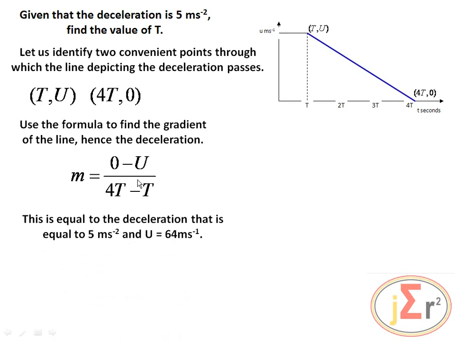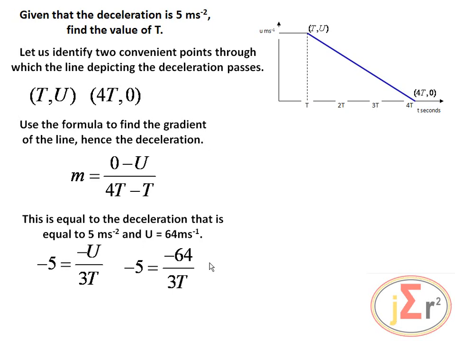So this gradient will turn out to be what? The deceleration is 5 meters per second squared, and the value of u is 64. So we have the gradient, the deceleration, as -5, and when we simplify this, which is a representation of the gradient, we have 0 minus u is negative u, and 4t minus t is equal to 3t, right?